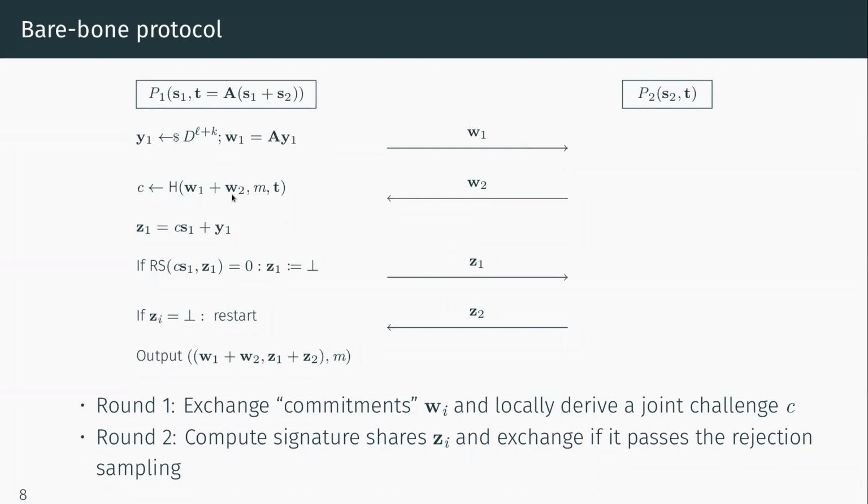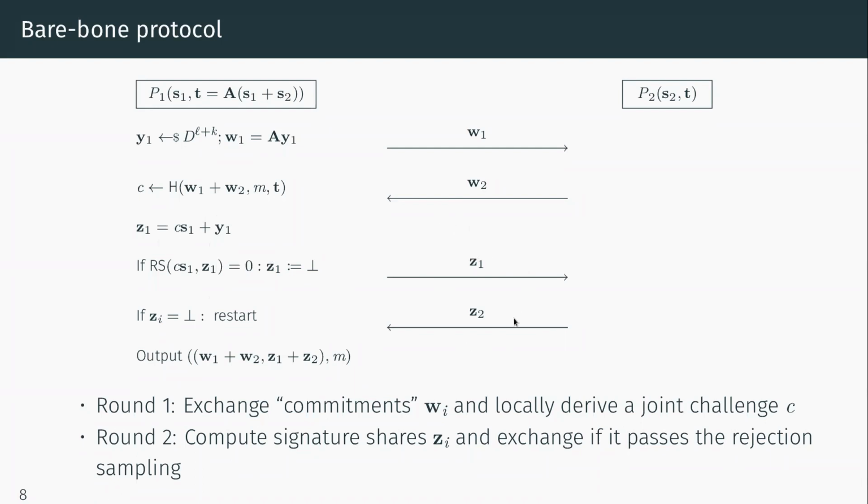Of course, thanks to the linearity, this W1 plus W2 contains the matrix times Y1 plus Y2. Each party does rejection sampling locally, and if both parties pass the rejection sampling, they can exchange Z1 and Z2.